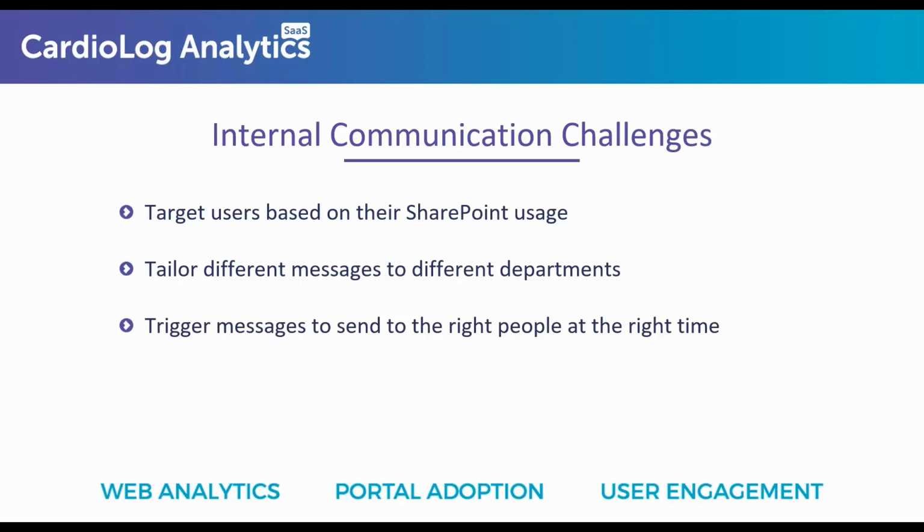Customizing messages to segmented audiences is very time-consuming. How can you set triggers to automatically send campaigns to your users based on their behavior in SharePoint? Let's walk through a couple of ways Cardiolog Engage can help you send targeted campaigns to segmented audiences and trigger messages based on your users' activity in the portal.